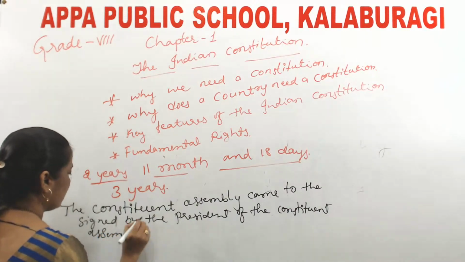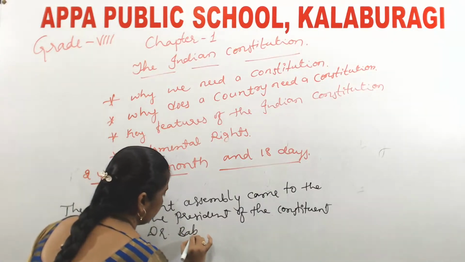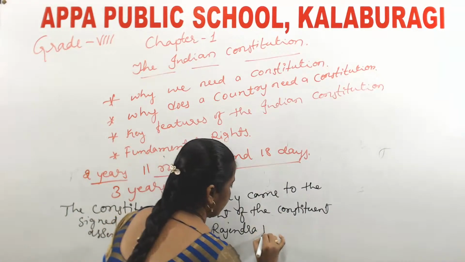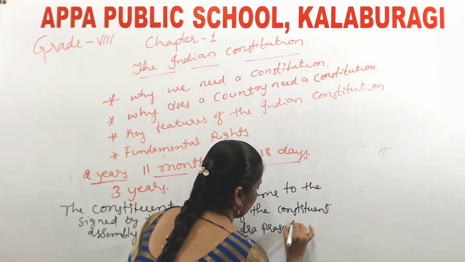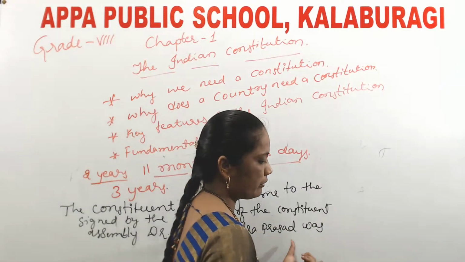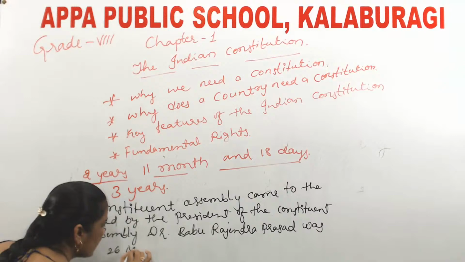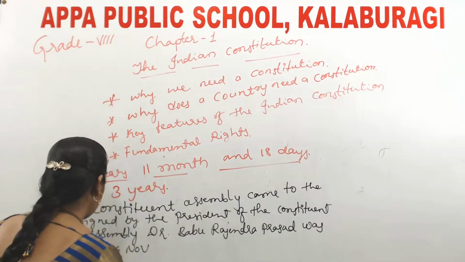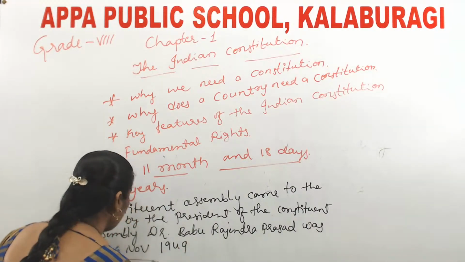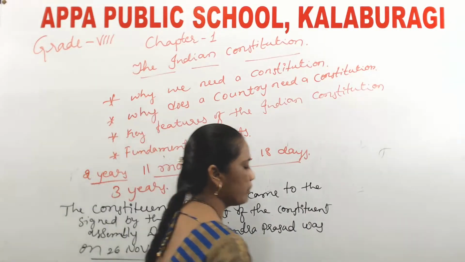At that time, Dr. Babu Rajendra Prasad was the President of the Constituent Assembly. It came to sign on 26th November 1949. After this, India became a republic.